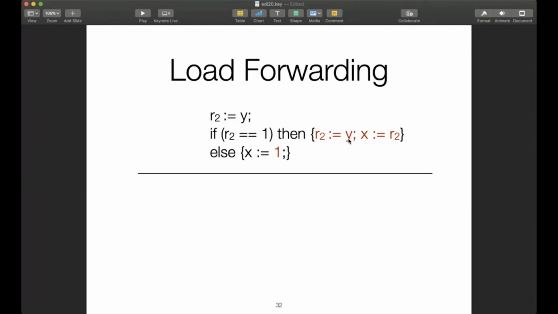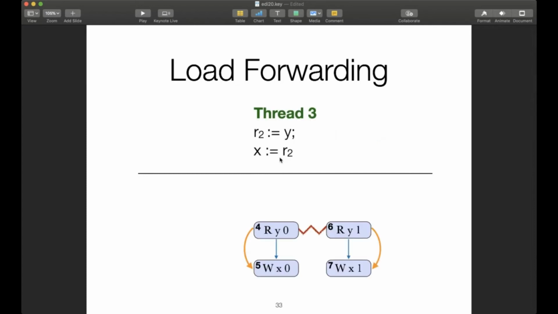Now, if you have the value 1 read from Y here with a concrete value, you'll see that this entire expression just is a write of concrete value 1 to X. And so is this. And then there's little point in having the if statement anymore. And you've sort of destroyed the dependency between the load of Y and the write of X. So this ends up being recognized by our semantics.